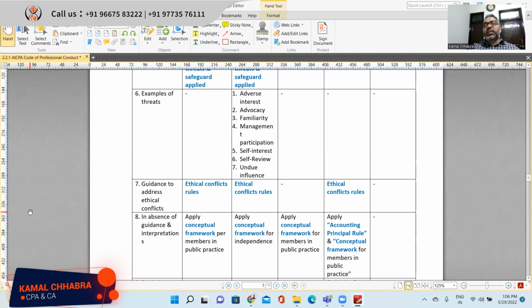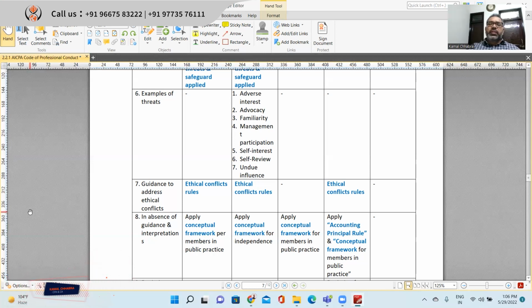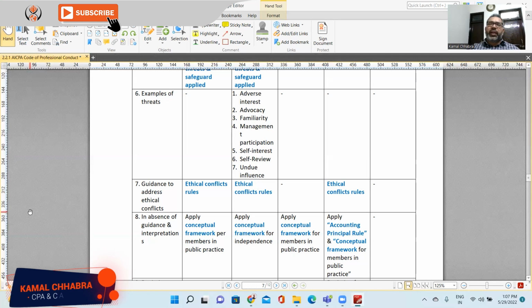Second is advocacy threat. Like we have discussed in an example earlier, for example, in an earlier year you have given a recommendation or consulting to the management for a particular accounting matter, or maybe a taxation matter, or maybe a legal matter, right? In which you have given favorable support to the management's judgment for a litigation matter.